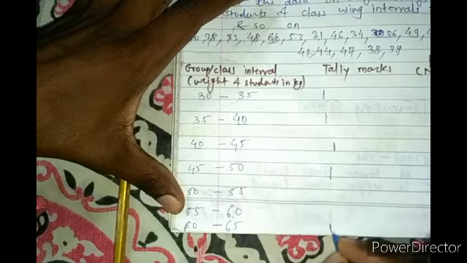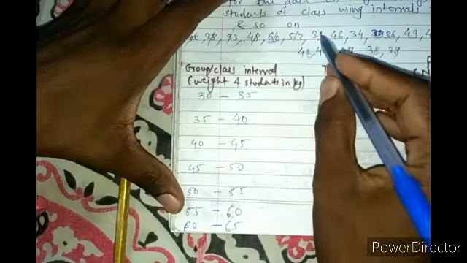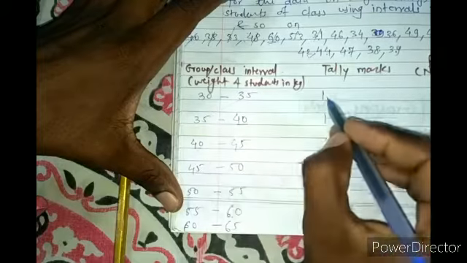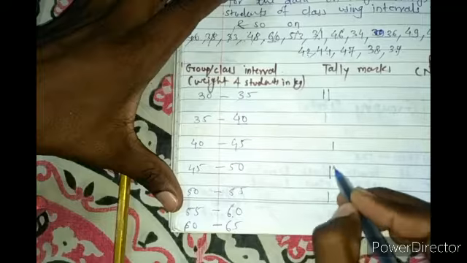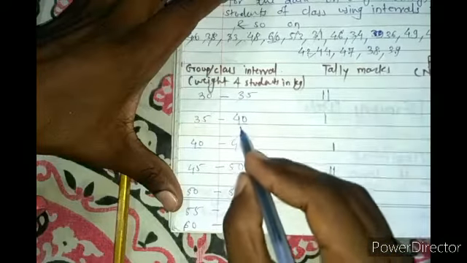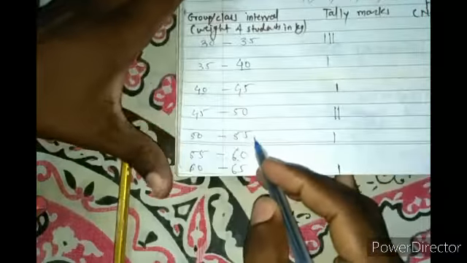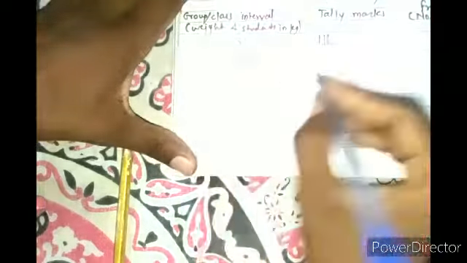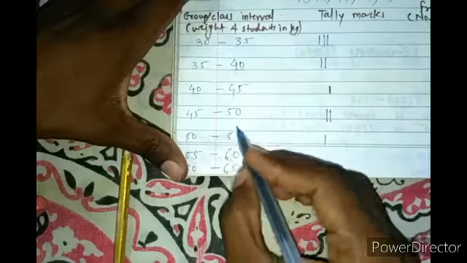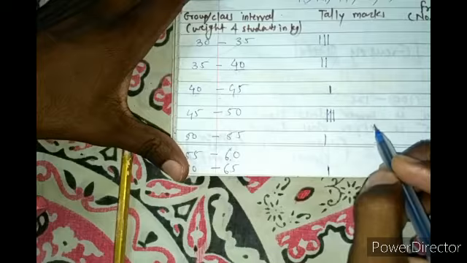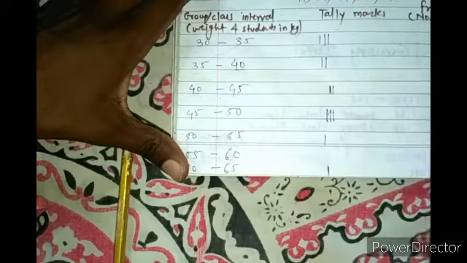So 60 will lie here. 53 here. 31 here. 46 here. 34 here. 36 here. 49 here. 41 here. 55.